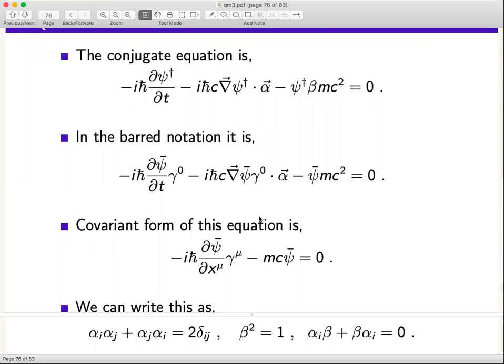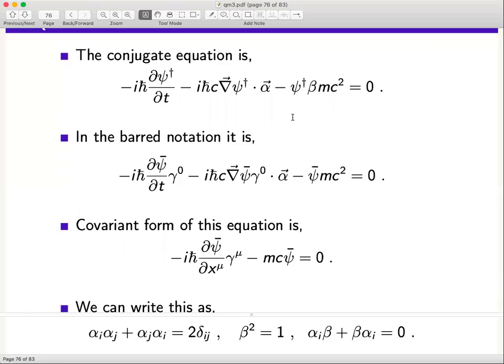Now, when you take the dagger of the entire thing, you need to be a little careful in this particular case because there are matrices sitting around. When you take the transpose of the entire expression, the transposed expression would have alpha matrices sitting on the right, nabla acting on psi dagger dotted with alpha. Similarly, psi dagger with a beta on the right. That is just the matrix multiplication rule.